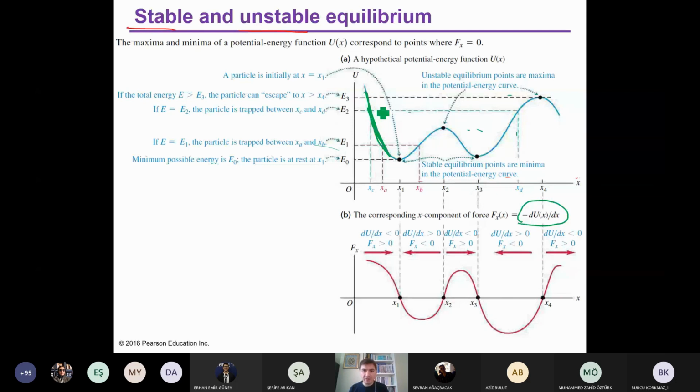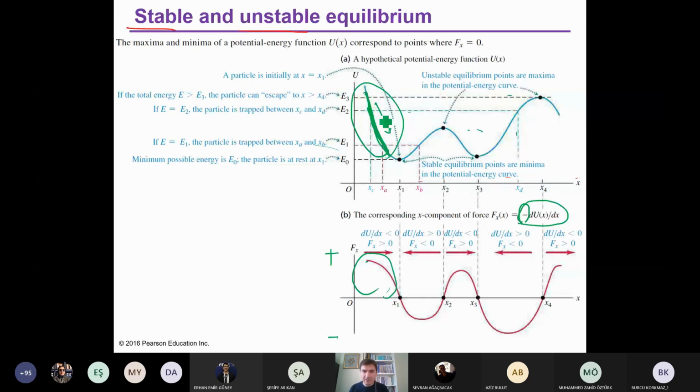Potential energy decreases in this range, right? So the derivative is negative. Here we have a negative sign, and then the force will be positive. This is the positive side, this is the negative side. Then in this range, potential energy decreases, but force is positive, okay? The force would like to move the system to the minimum energy.